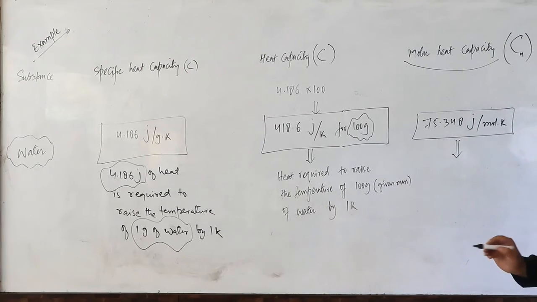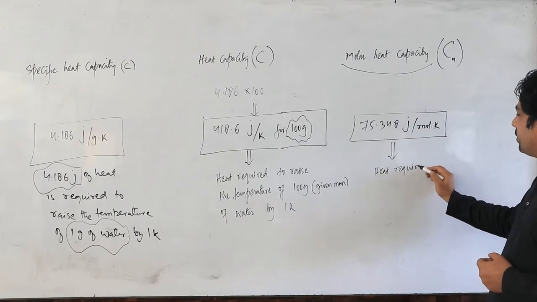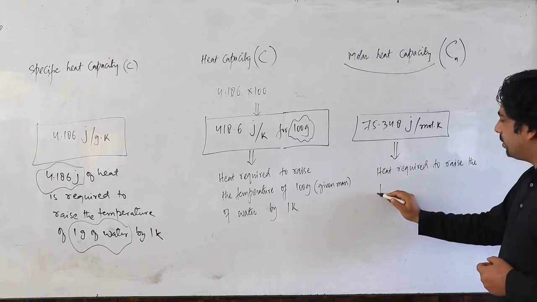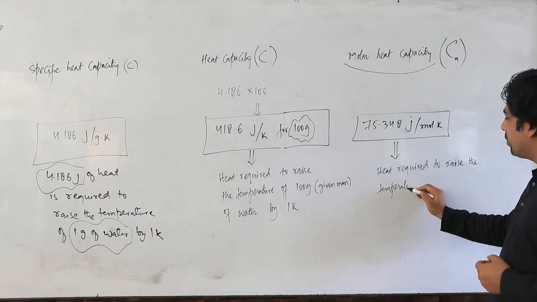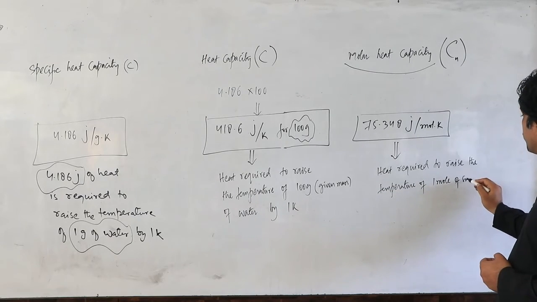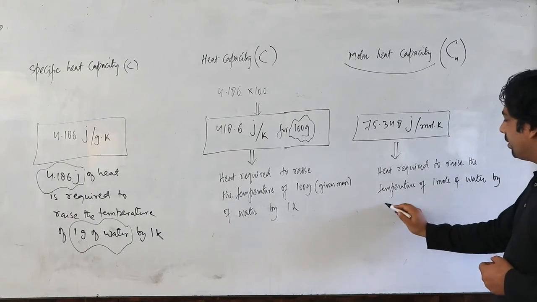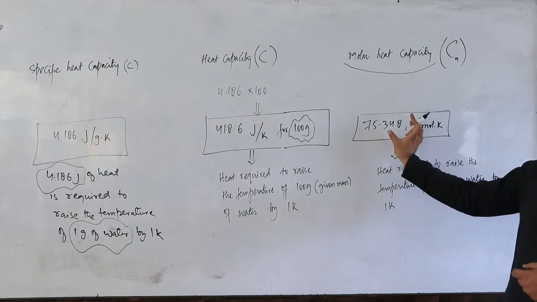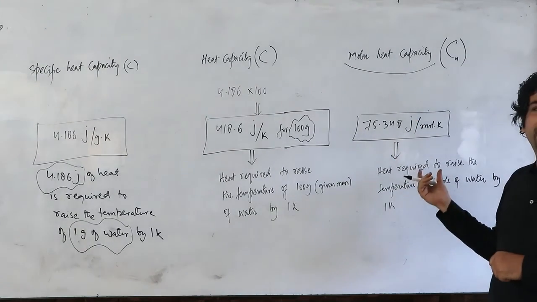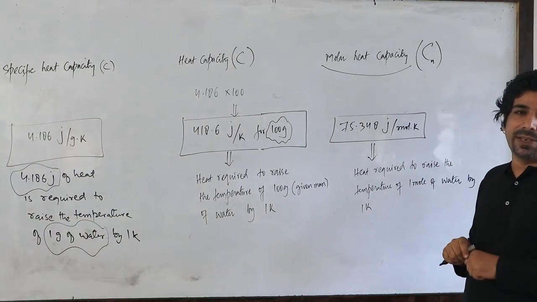Try to understand: this is the heat required to raise the temperature of 1 mole of substance, that substance is water, by 1 Kelvin. So this much heat is required to raise the temperature of 1 mole of water by 1 Kelvin. So it's called the molar heat capacity, my dear friends.